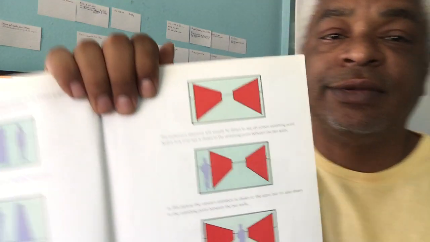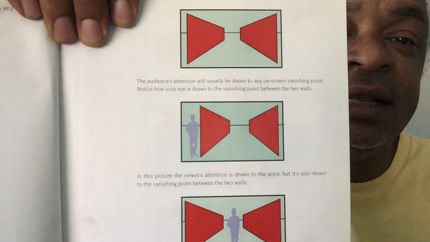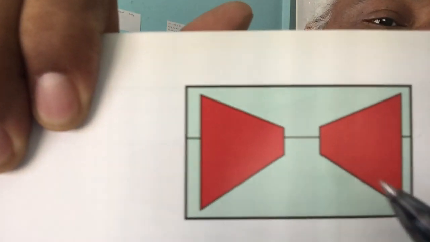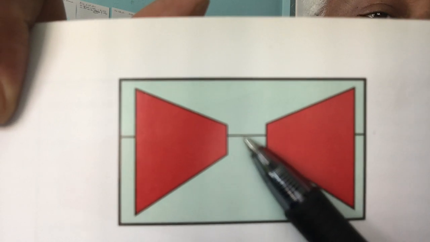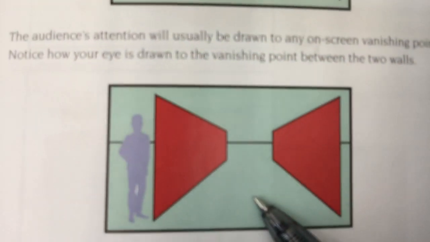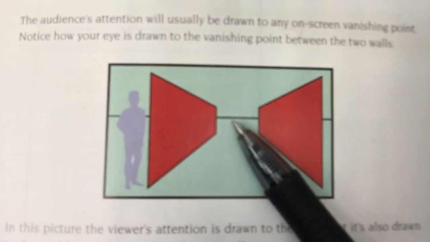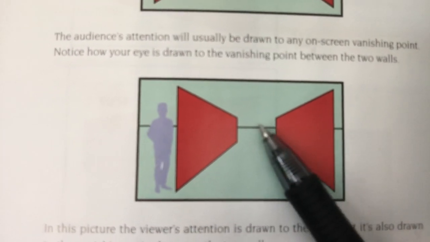Audiences are normally drawn to vanishing points, and where we place objects in relationship to those vanishing points can create a certain mood or accomplish something. Here's 3 examples that he gives us where we have the vanishing point right here in the center, right? And he gives us an example where we have an object or an actor placed off to the side of the vanishing point.